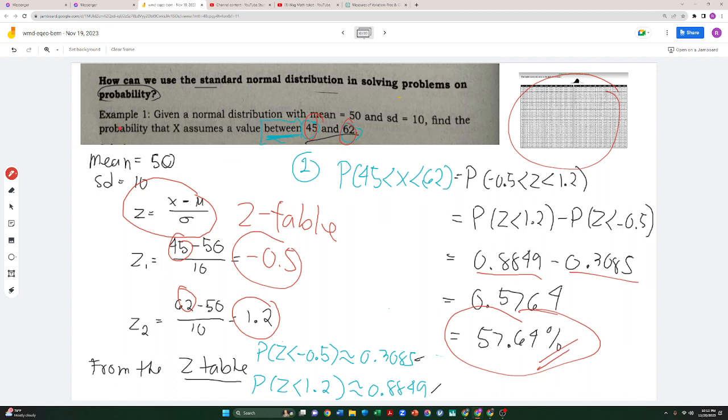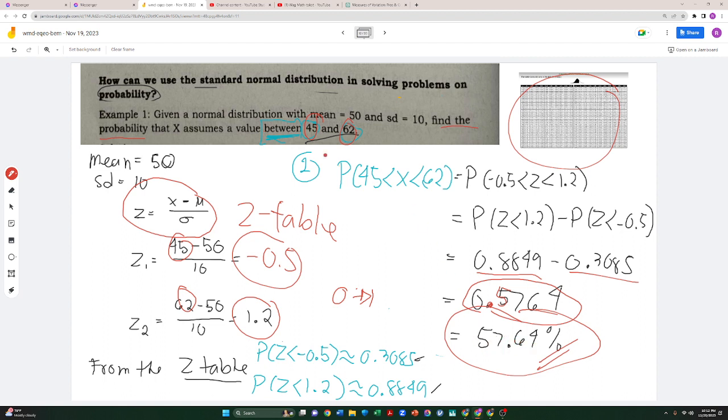Therefore, find the probability that x, again, find the probability. When we say probability, it is a percent, which is 0.5. Okay? Isn't probability only from 0 to 1? 0 to 1. So therefore 0.5 is within range. And you convert it into percent, so the probability is 57.64%.